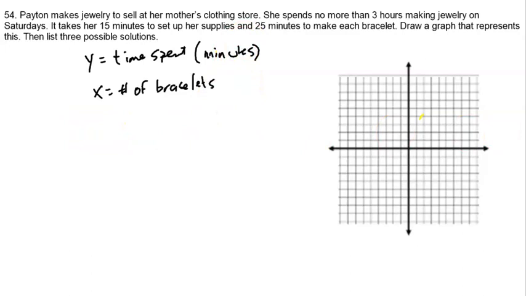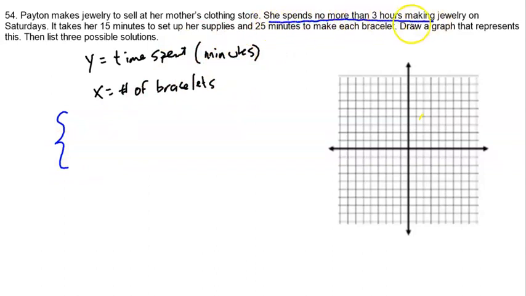So my system of inequalities is going to look like this. No more than 3 hours making jewelry on Saturdays, so that's y is less than or equal to 180, since we're going to change that into minutes to make it match the other two units. So I'm going to change my y-axis scale in 30s so I can comfortably plot 180.